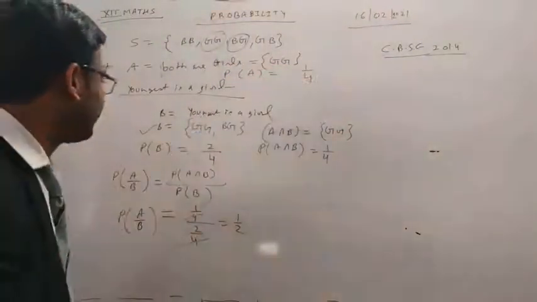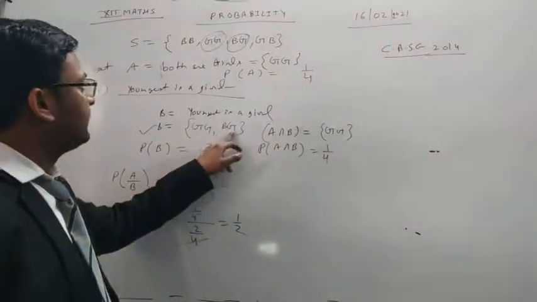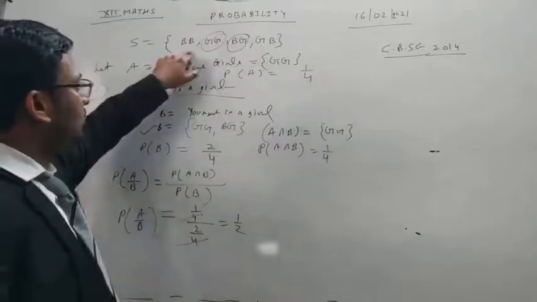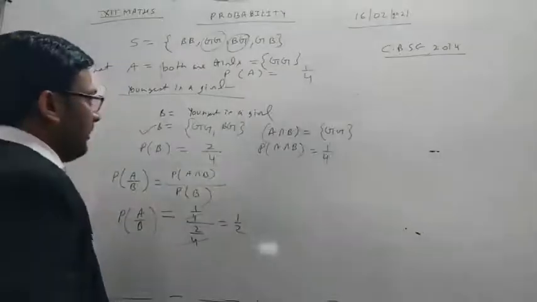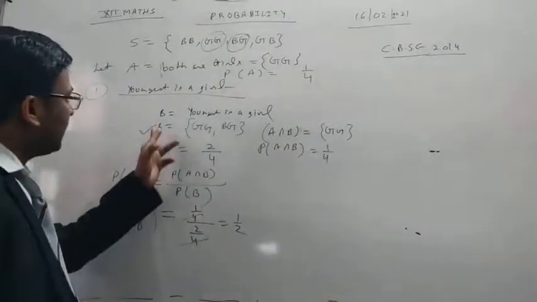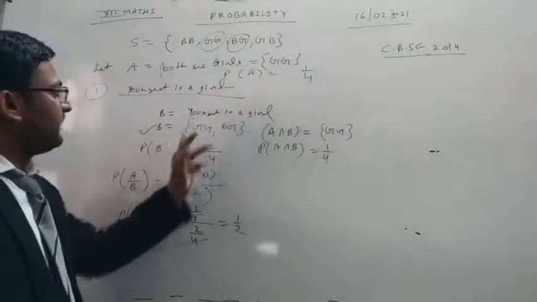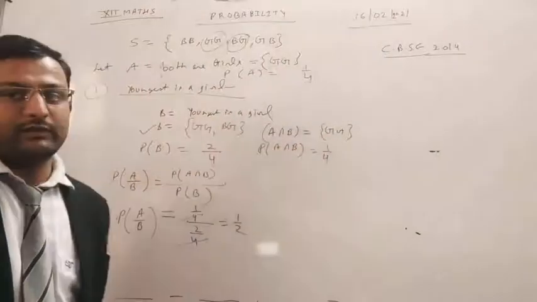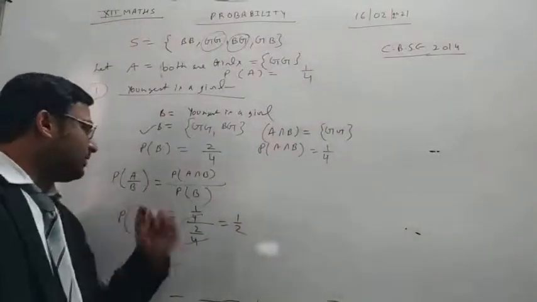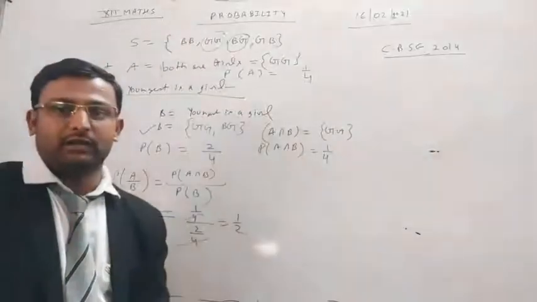And B, the youngest is a girl, is GG and BG, because in the other cases the youngest is not a girl. So the probability of B will be 2 by 4, and the intersection of A and B is just GG, so it will be 1 by 4. Now we know the formula of conditional probability: probability of A given B is the probability of A intersection B by the probability of B. We put the values and get 1 by 2.